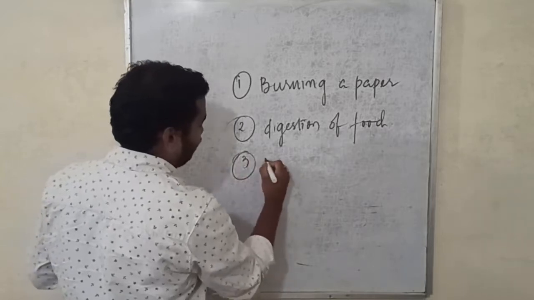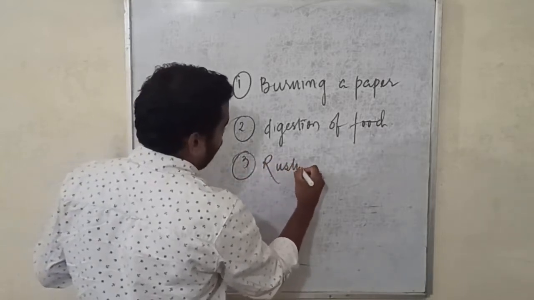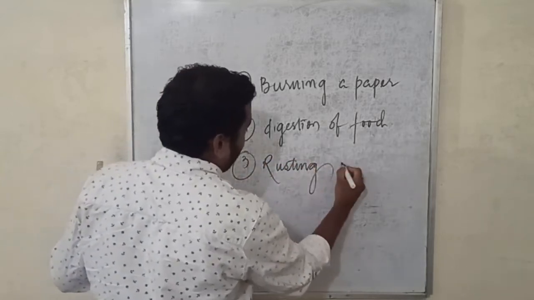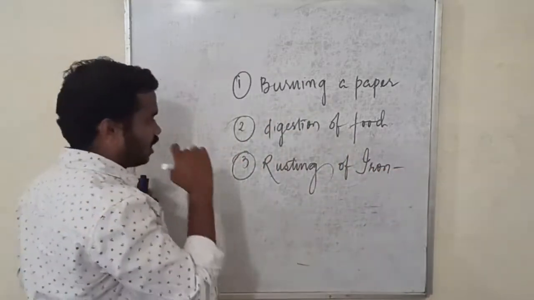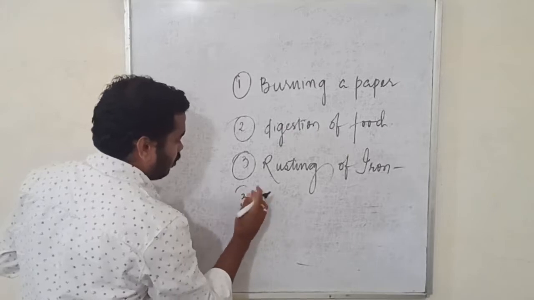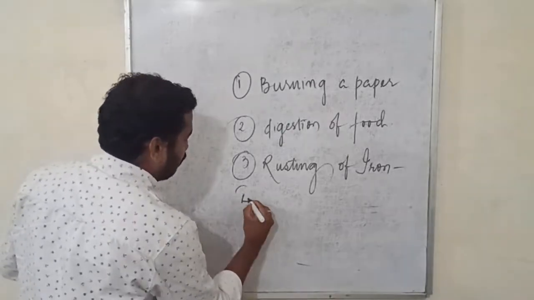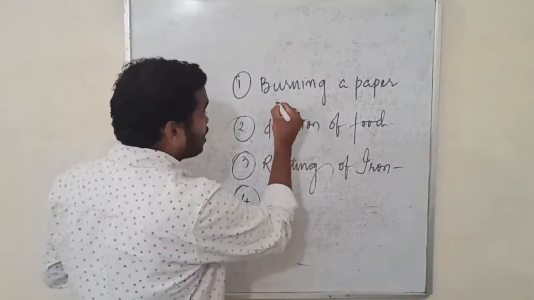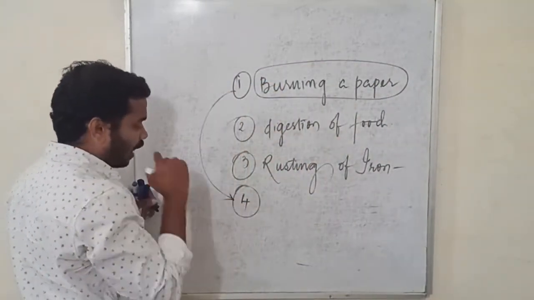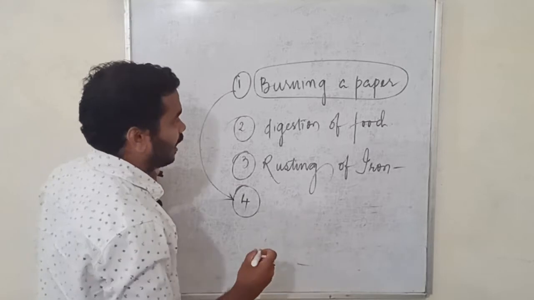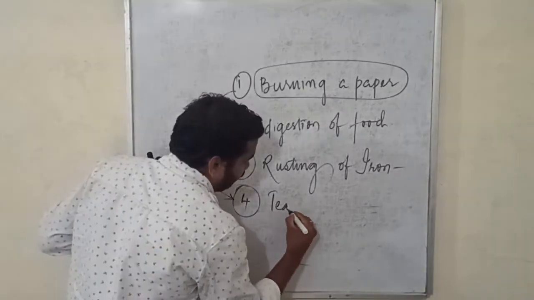Third, rusting of iron. Fourth, as we discussed burning of paper, in the fourth example I am going to say tearing the paper.